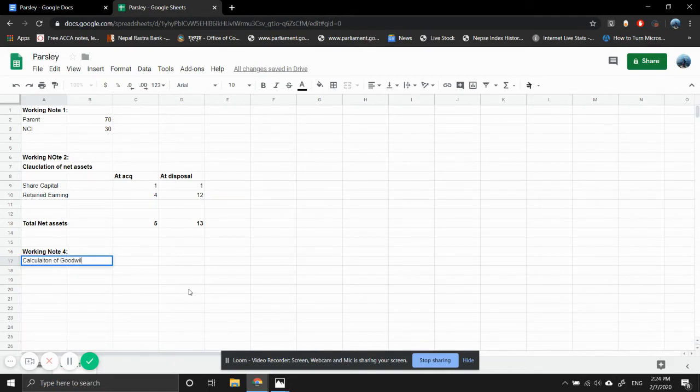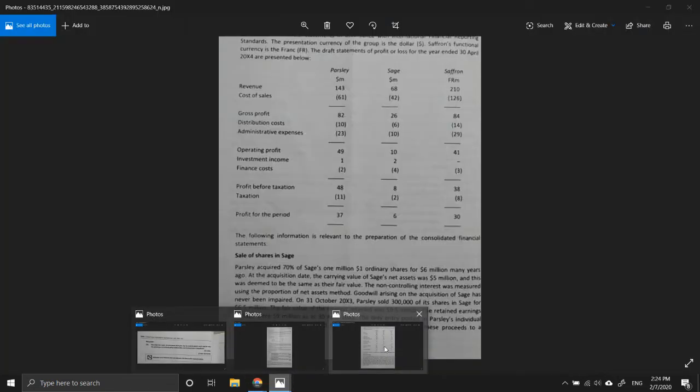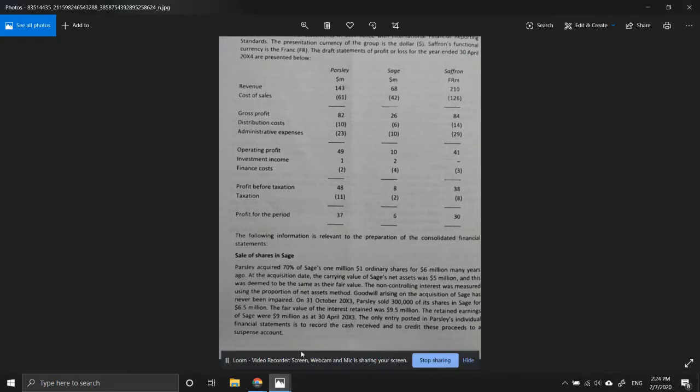This will basically be cost, plus the value of non-controlling interest, less net assets at acquisition. What was our cost? 6 million.